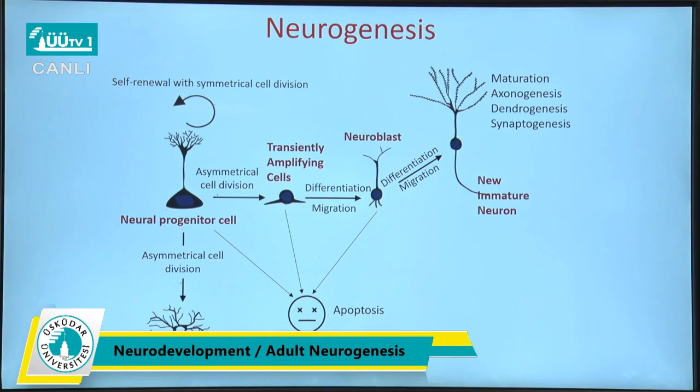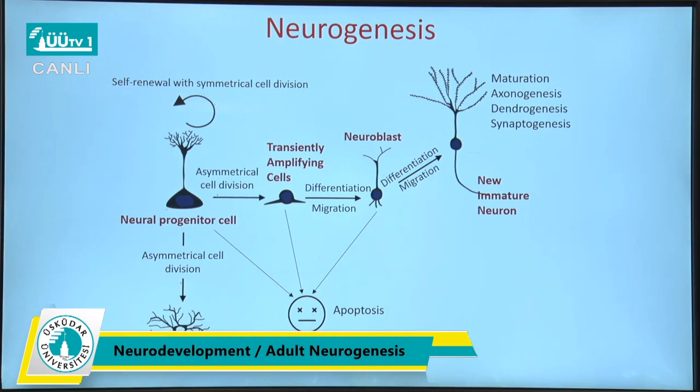So the main type of neural progenitor cells in these adult neurogenic niches, we will see that they are again radial glial-like cells. And these cells are usually called either type 1 cells or the major neural progenitor cells.